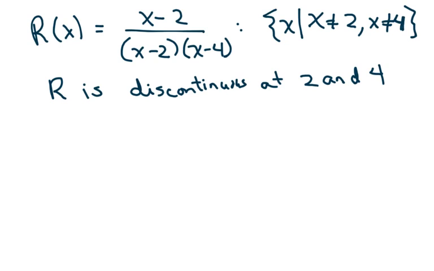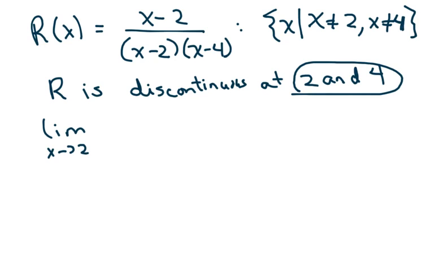All right. Now, R is continuous everywhere else but 2 and 4. Now we want to determine the behavior of the graph near 2 and 4. So we're going to look at the limit as x approaches 2 of our rational function, and the limit as x approaches 4, to see what's going on there so we can graph this.